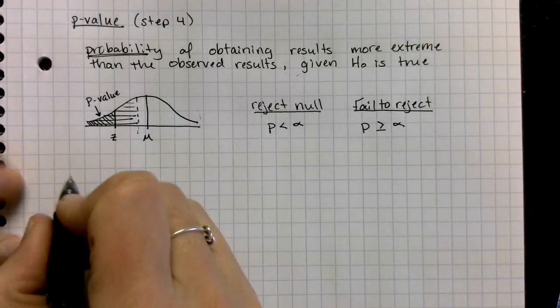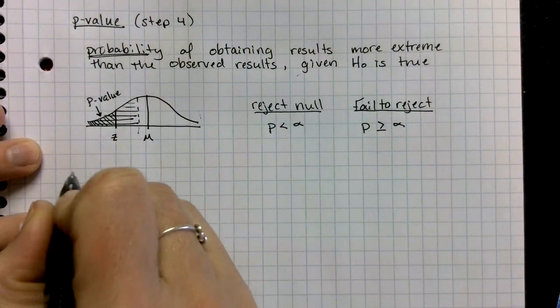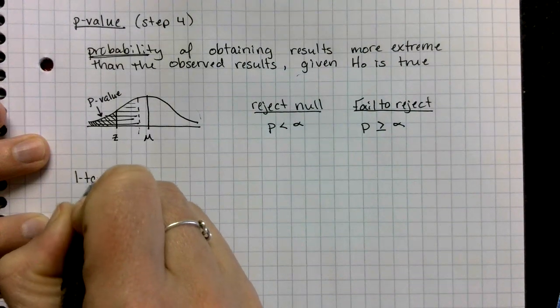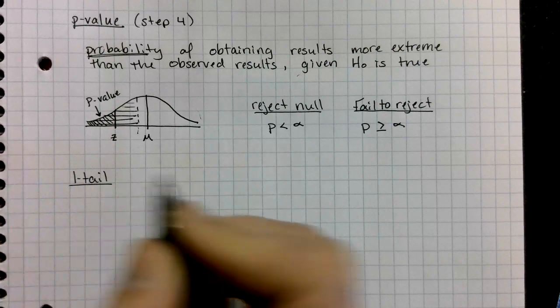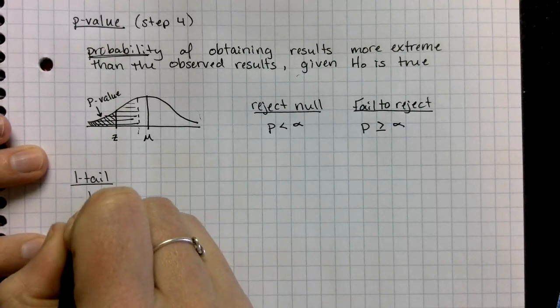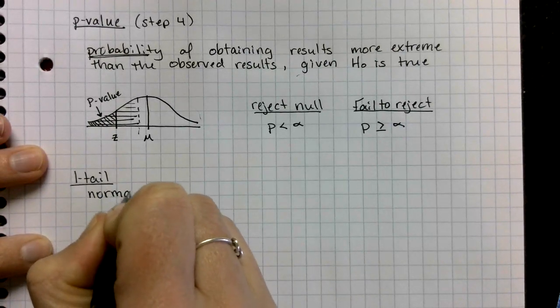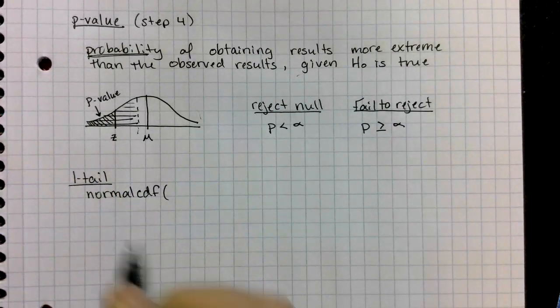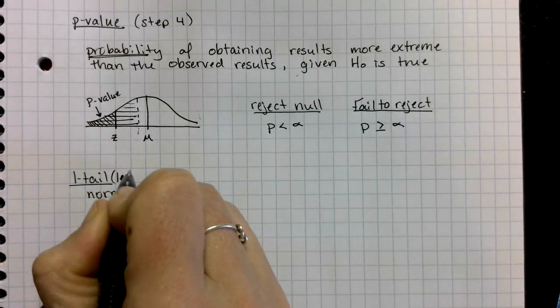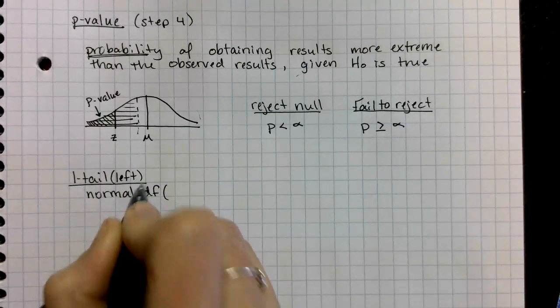So in order to find a p-value, let's say that we have a one-tail test. Then you would use normal CDF. Here is where it's going to determine if it is a left tail or a right tail.